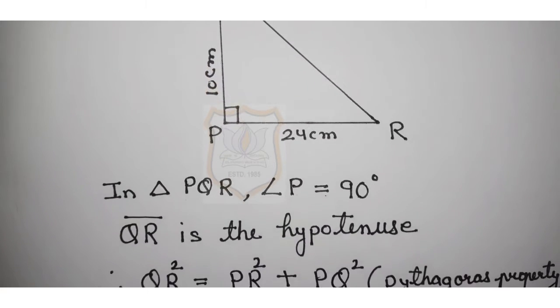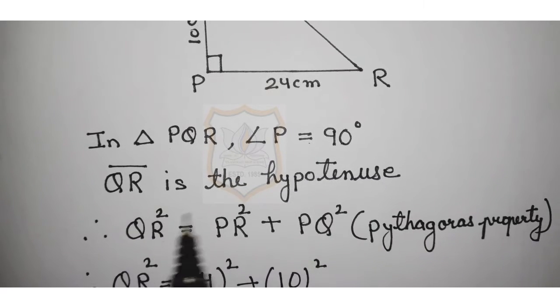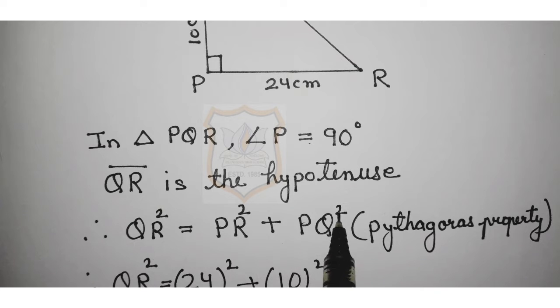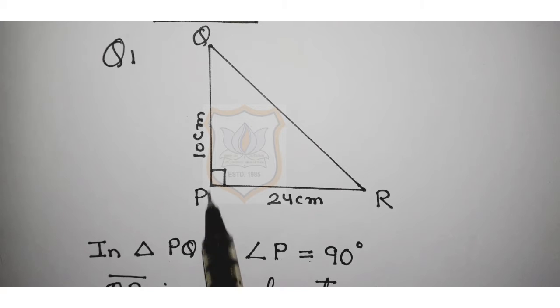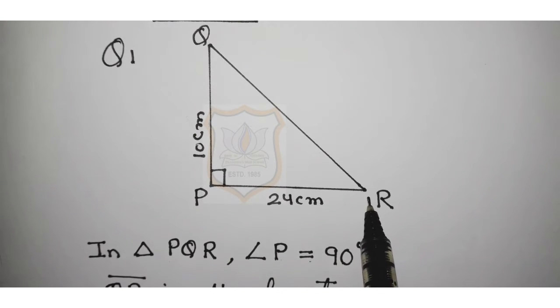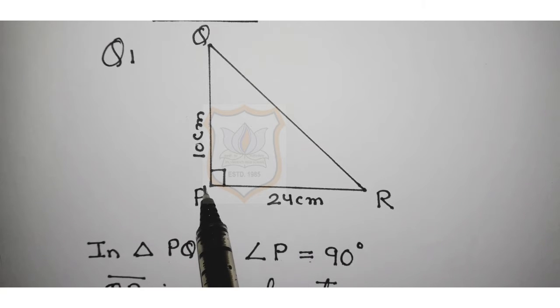Now, according to Pythagoras theorem, QR square is equal to PR square plus PQ square.